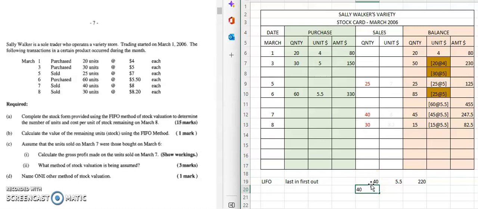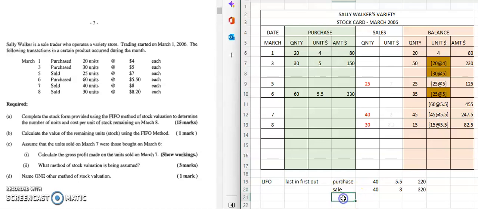So 40 at $8 is obviously 320. So this is the purchase, this is the sale.